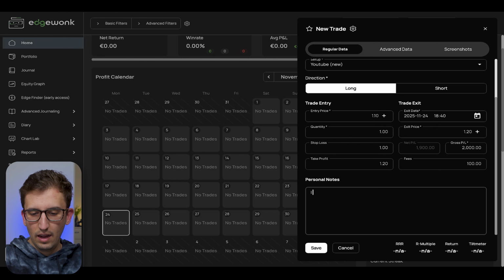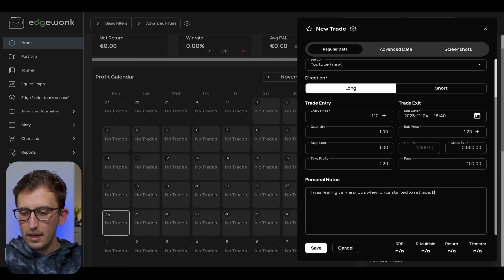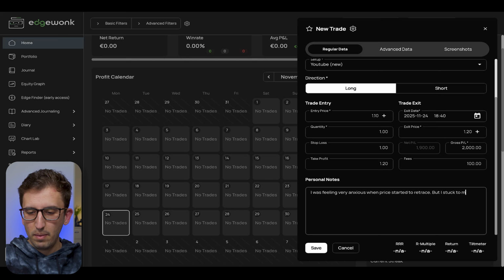So you can say, I was feeling very anxious when price started to retrace. And you can just write a whole bunch of stuff. So you could say, but I stuck to my plan and it worked out.